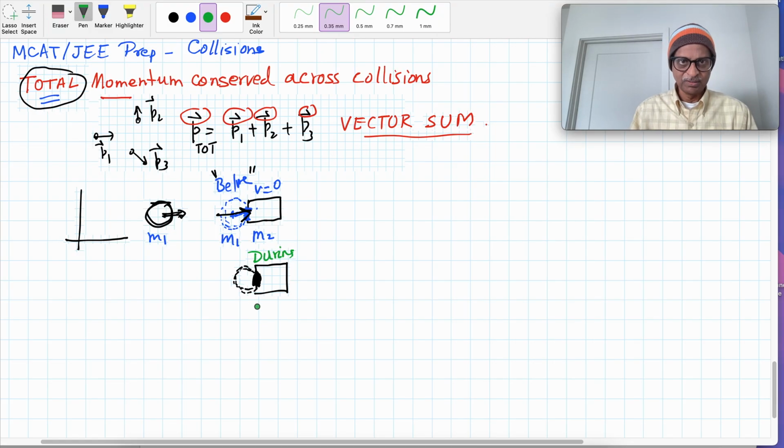You can model that as a spring for M1 and a spring for M2. So they're kind of compressed.